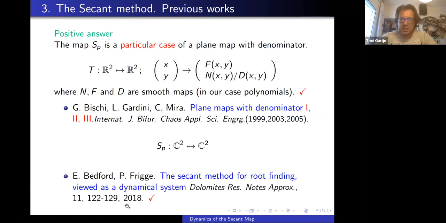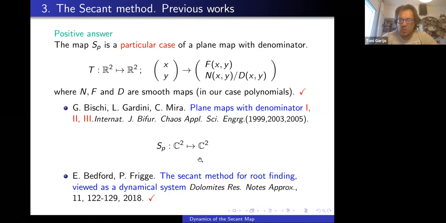Well, more or less at the same time that we were working on that problem with Xavi, Eric Bedford and Fritz worked on the same problem in C2. We work on different problems, but with the same map, so obviously there is some overlap, but no problem.